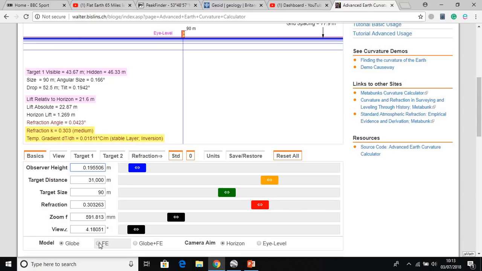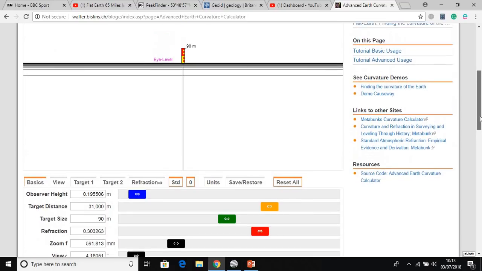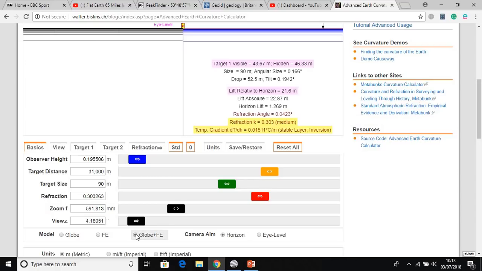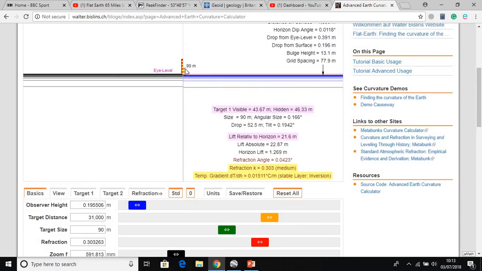If we look at the flat Earth version of the same thing, the whole tower should be visible. And we clearly cannot see the whole of the tower. Putting the two side by side, we ask ourselves, which is more in keeping with what we observe in reality?